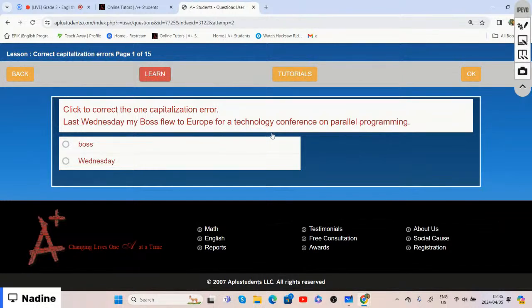All right, so for example, number one says we need to firstly correct capitalization errors. Click to correct the one capitalization error. It says, last Wednesday, my boss flew to Europe for a technology conference on parallel programming.